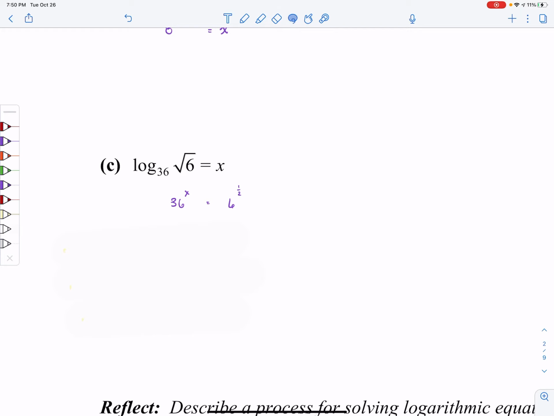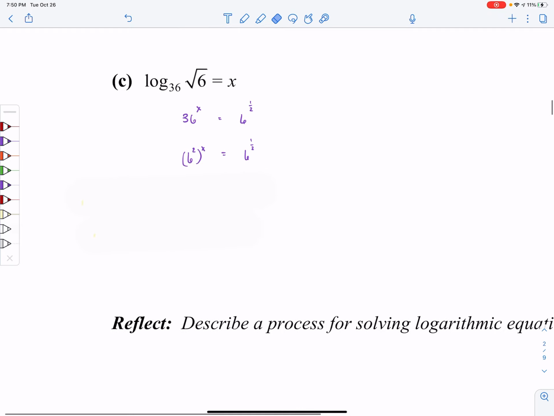So let's substitute 6 squared for 36. So we'll have 6 squared to the x power is equal to 6 to the 1/2 power. Clean up the left side: raise a power to a power, and you multiply your powers. So that's going to be 6 to the 2x is equal to 6 to the 1/2.